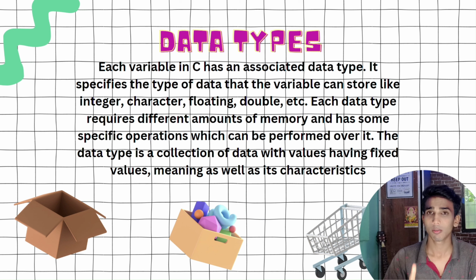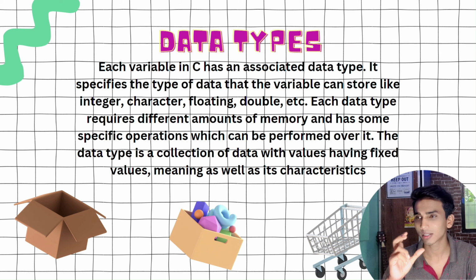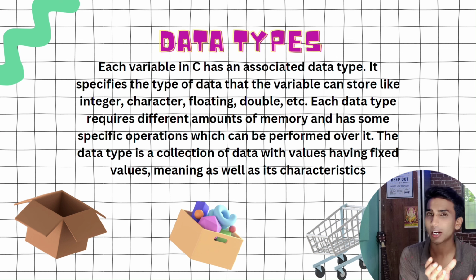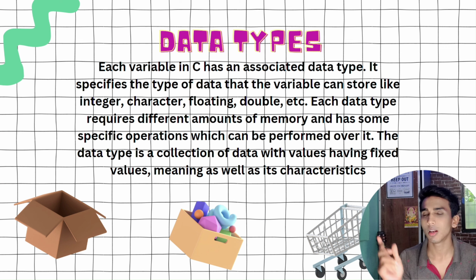Firstly, if you haven't watched it, watch it. If you have watched it, it's better you go again and revise it all. I wish that you have understood. So let's understand the concept of data types here. As we declare a variable with some name, that is the identifier or variable name, the thing we write before it in the syntax of a variable is the type of data.